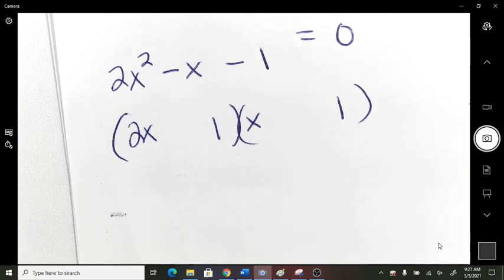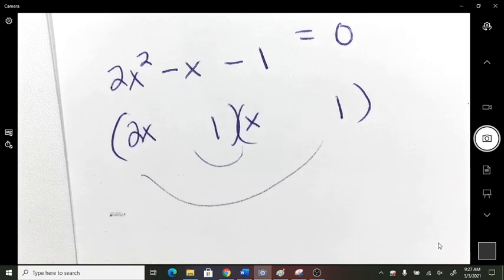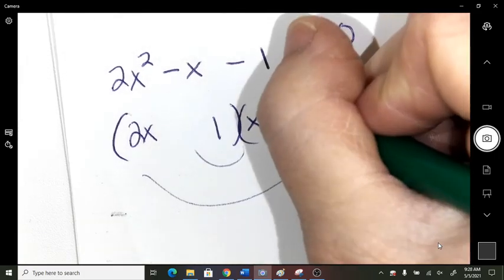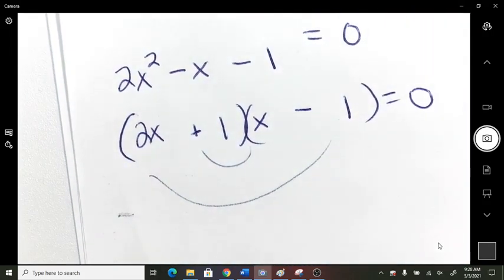You need to make sure your positives and negatives are okay though. So your outs and ins need to get you a negative x though. So the outs, I have a negative 2x and a positive x, so that works.